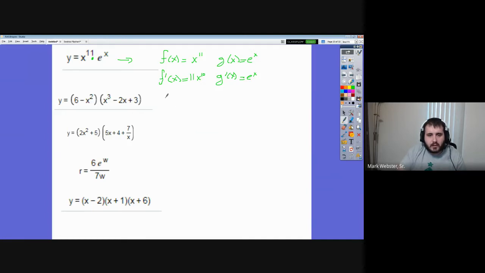So we got y prime equals left times the derivative of the right plus the right times the derivative of the left. And if you write that for your answer for the AP test, you're done.